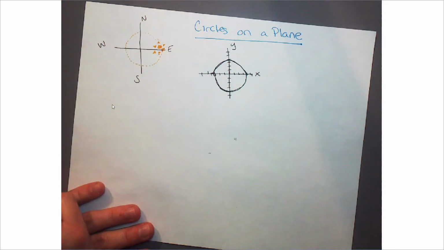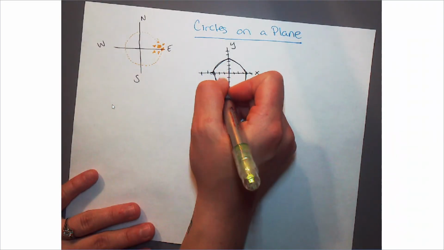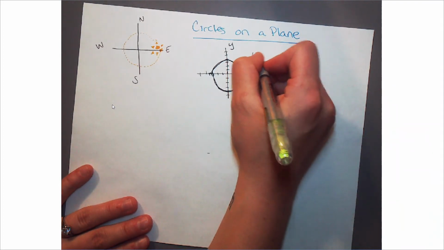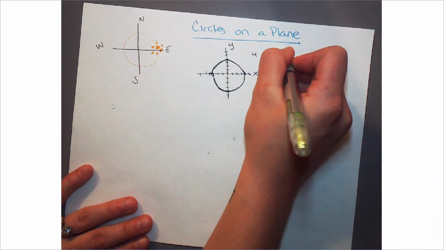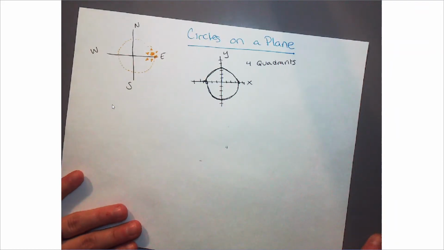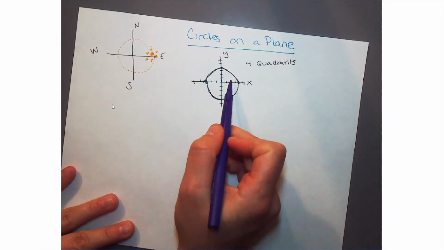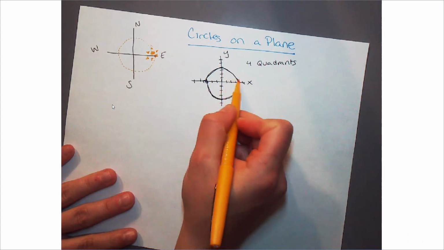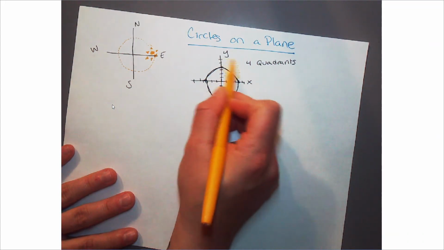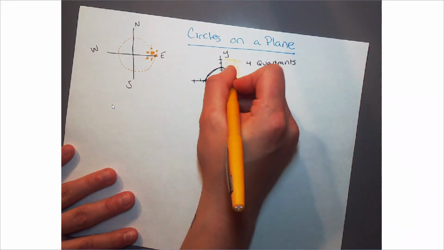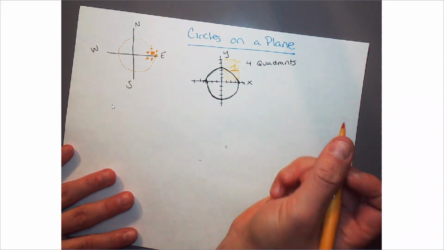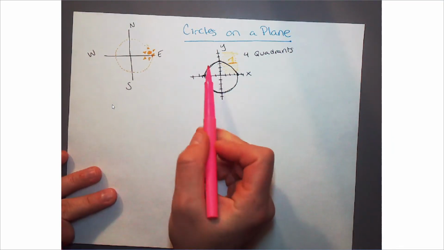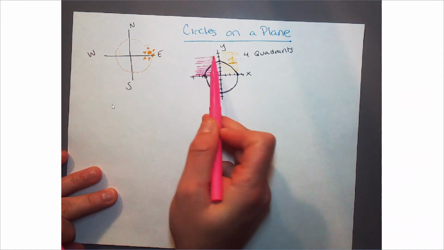When we talk about these sections of the circle, you can see it's split into 4 pieces, or 4 quadrants. Just like the sun started by rising over here, this is quadrant 1. Over here is quadrant 2.